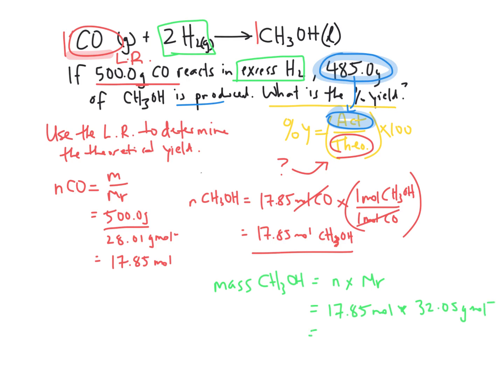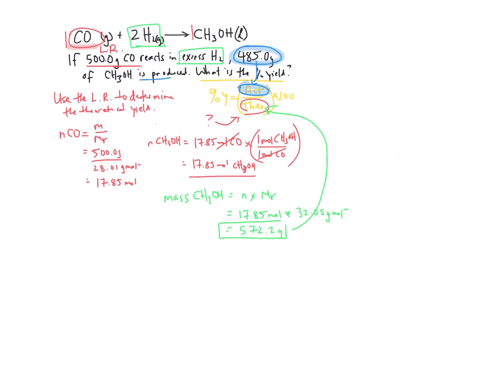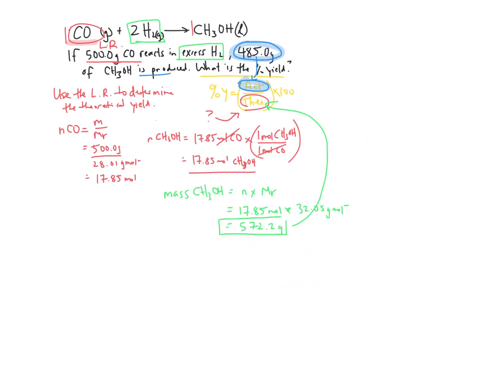And so the total final mass of it is 572.2 grams, roughly, somewhere thereabouts, okay? So that is actually our theoretical yield, okay? That's that number. Okay, so we know our theoretical yield. That's if everything went perfectly, that is the mass of methanol that would be produced.